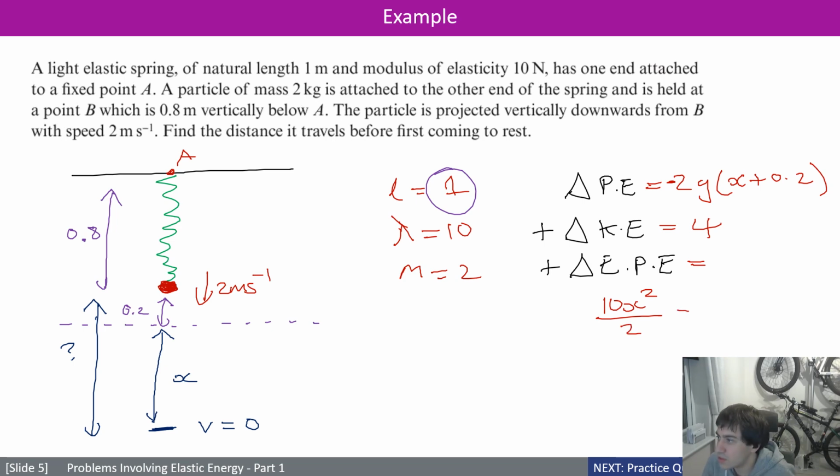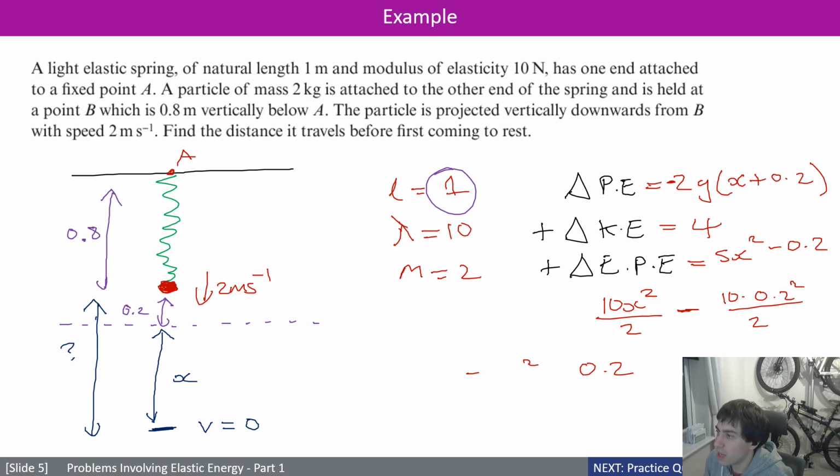And then minus its compression initially, so that's 10 times 0.2 squared all over 2. So if we simplify that, we get 5x squared minus 0.02 times 10, 0.2. Okay, so that's our change in elastic energy. Let's just pop that there.